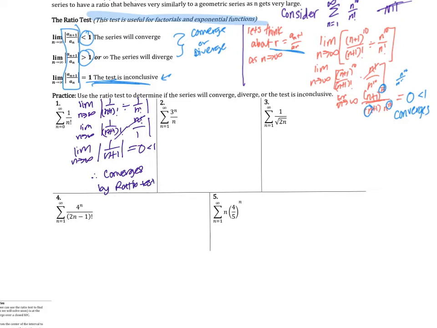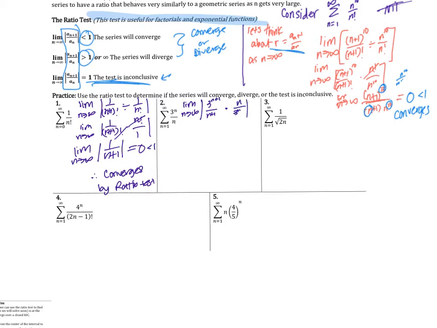All right, let's do another one together, and then I'll give you some time to work on 3 through 5 on your own. So the limit as n approaches infinity of the absolute value of 3 to the n plus 1 over n plus 1. I'm going to just start by flipping my fraction. So times n over 3 to the n.